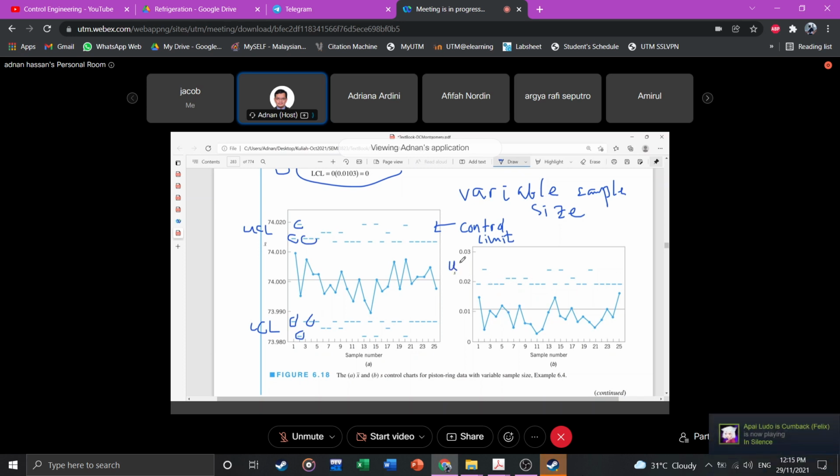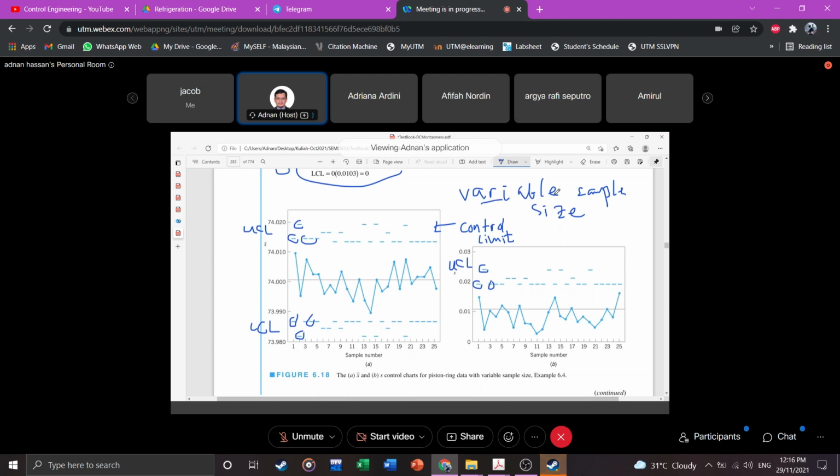As I mentioned earlier, the upper control limit is more important. The lower control limit is not important, because the lower you go the better, since this is dispersion. We want small dispersion, so we are concerned about the upper control limit. This is the control limit for sample number 1, number 2, number 3. This is very tedious unless you put it in a computer.